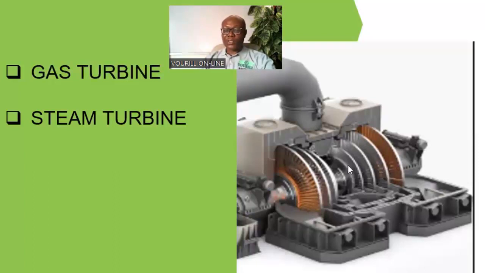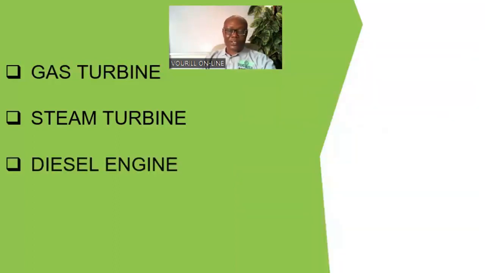As it's turning, the shaft also will be turning. Then one end of it is coupled to a gearbox and then to your alternator, as in the case of the gas turbine.